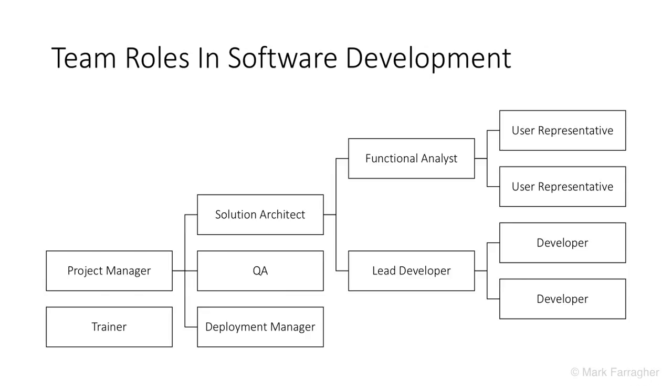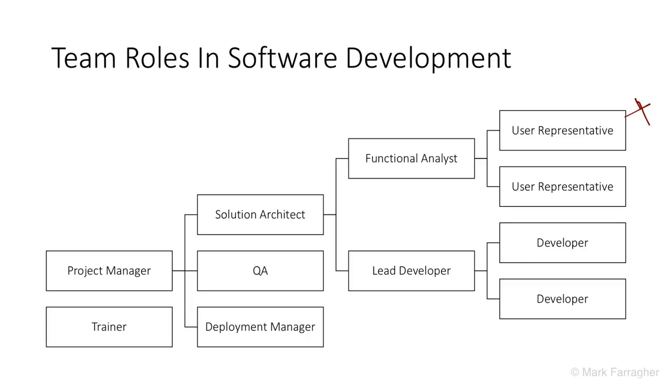So let's start all the way at the right here, this point. These two people are user representatives. User representatives, it's a difficult word. User representatives are the people who are going to use the software. So these are business people.